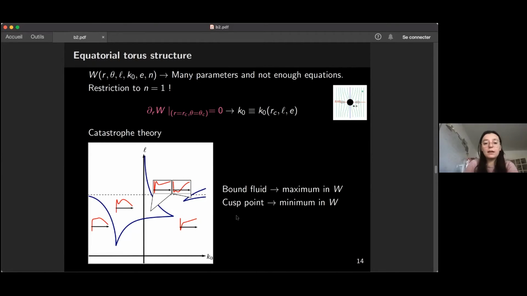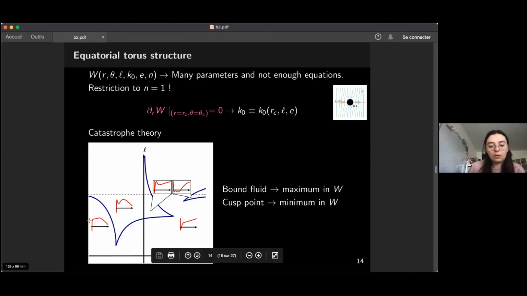So here, the red curve is how your effective potential behaves. If you have a bound fluid structure, you know that you have a maximum in W, and if you have a cusp point, you have a minimum.